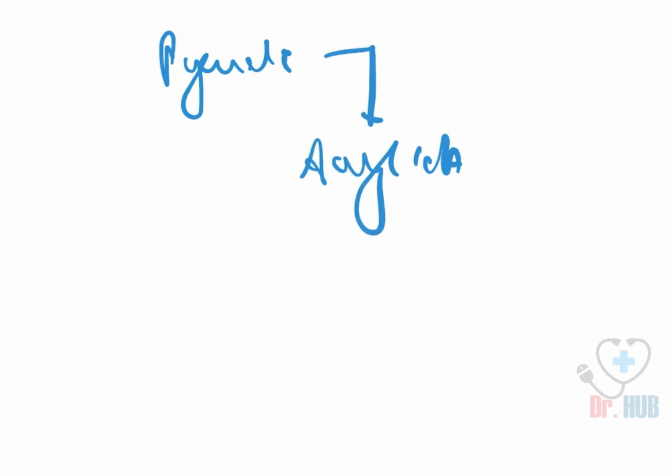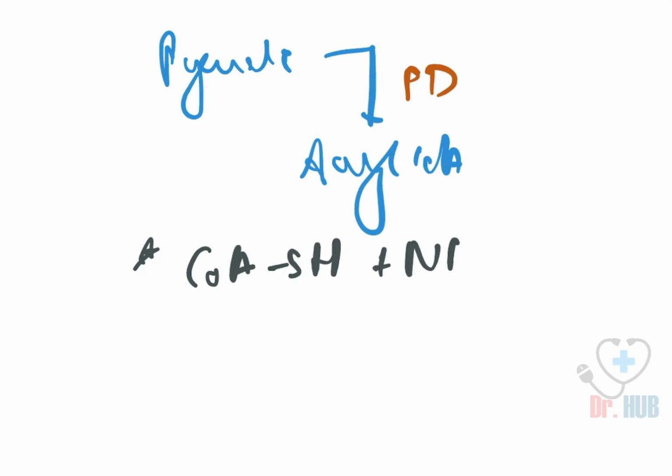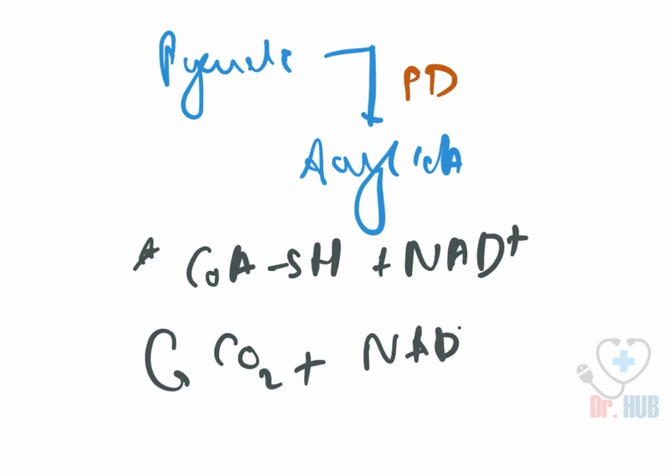Now we are going to break down the enzymes which are involved in this process. Firstly, the pyruvate is converted to the acetyl CoA. The enzyme involved here is the pyruvate dehydrogenase. Here, CoA plus NAD is converted to CO2 plus NADH plus H plus.